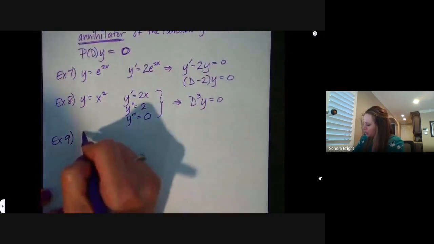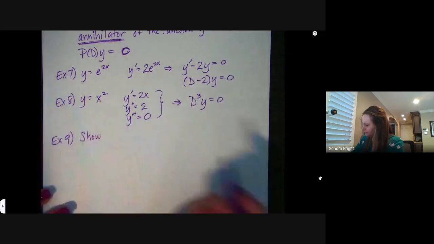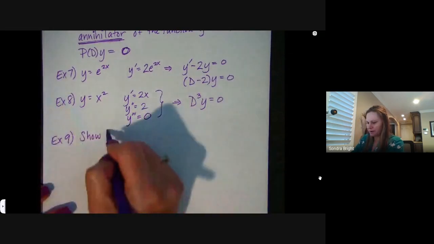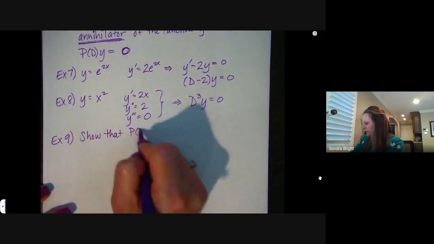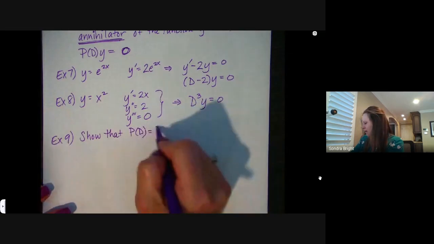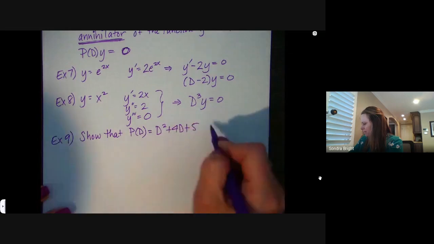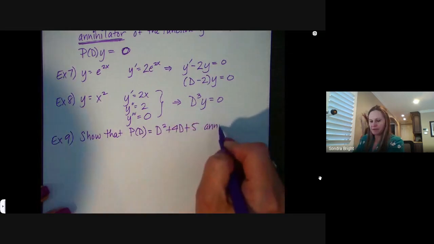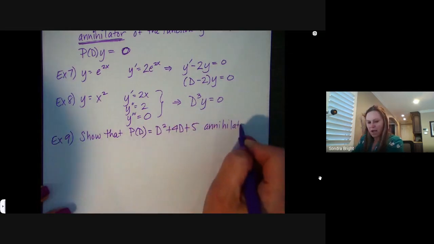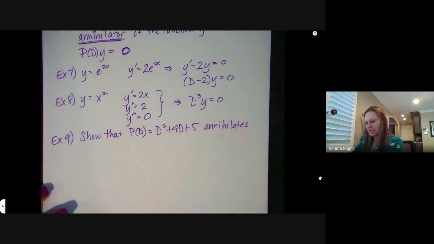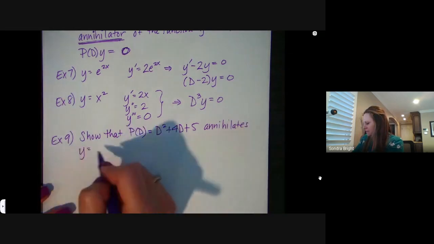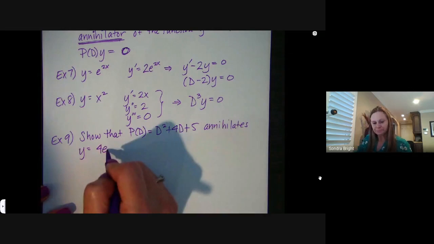All right, show that the polynomial operator d squared plus 4d plus 5 annihilates the function y equals 4e to the negative 2x times sine of x.